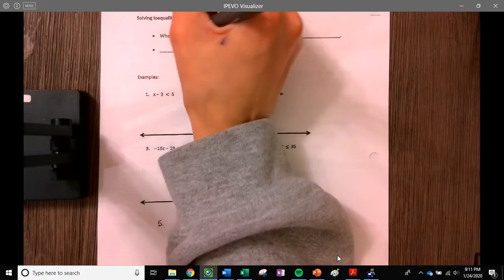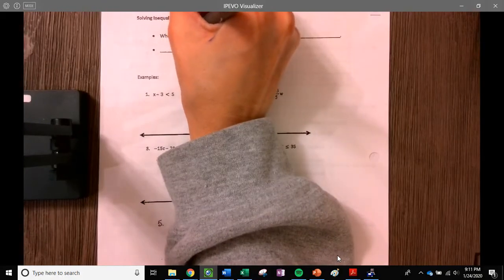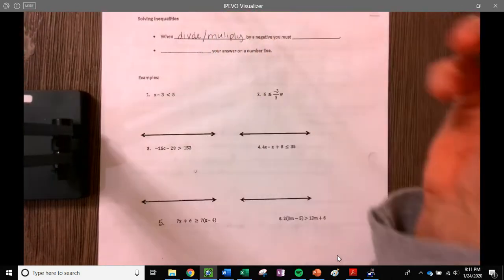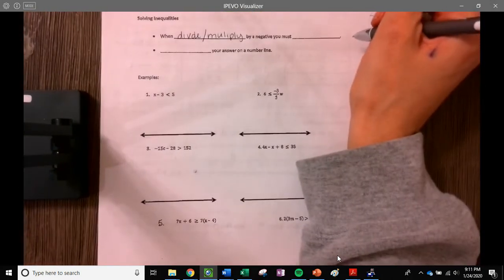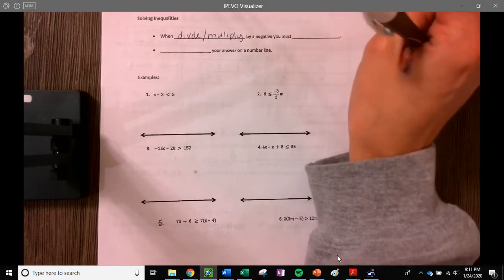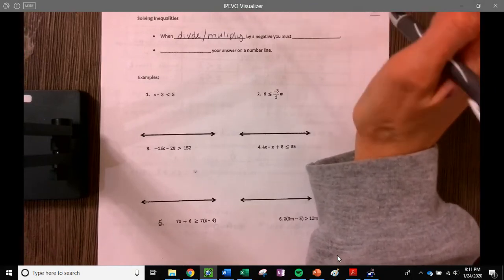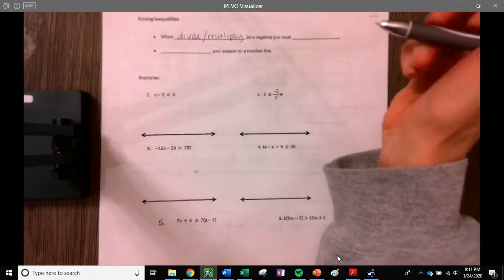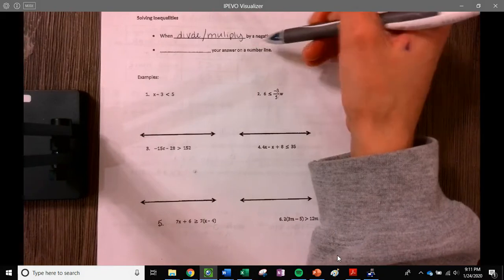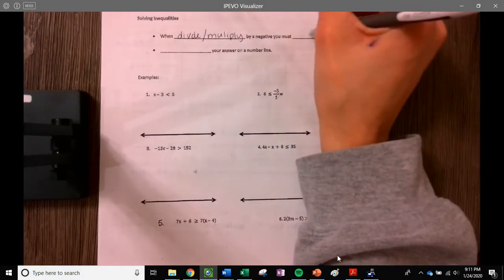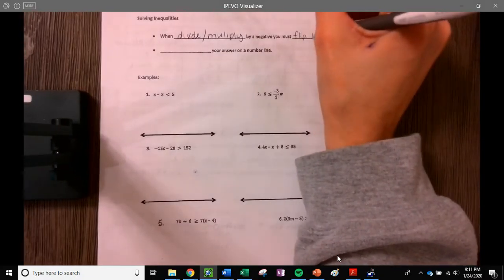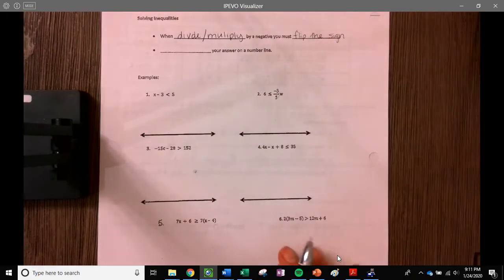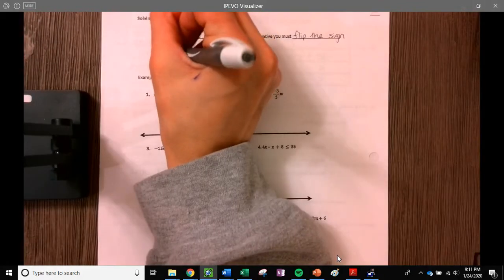When dividing or multiplying by a negative, so we're talking about a two-step equation scenario here, or even a one-step where it's just multiplying, if you are doing any dividing or multiplying by a negative number, you must flip the sign. You change the direction of the sign. You change the way it's pointing. Okay, and then you graph your answer on the number line.